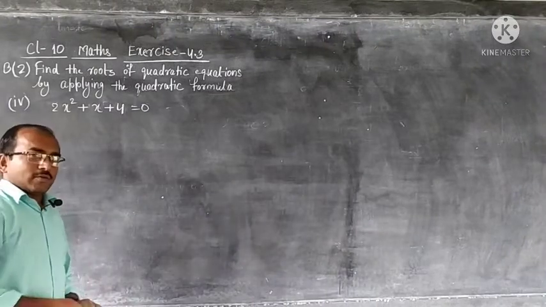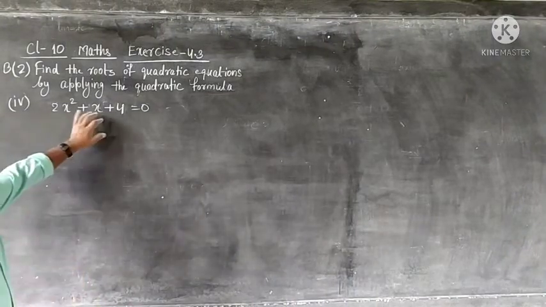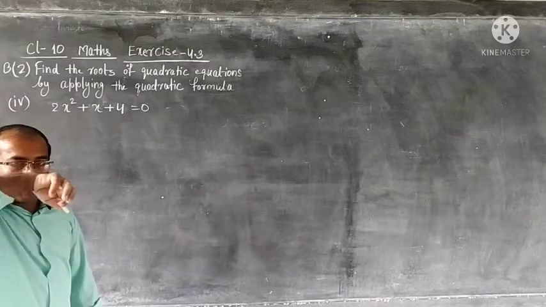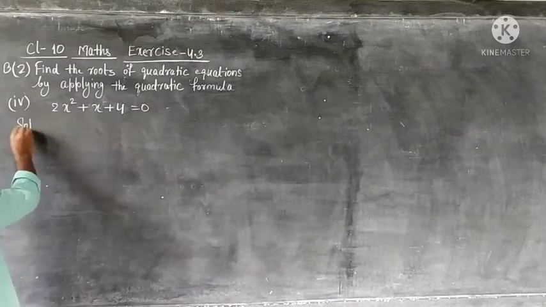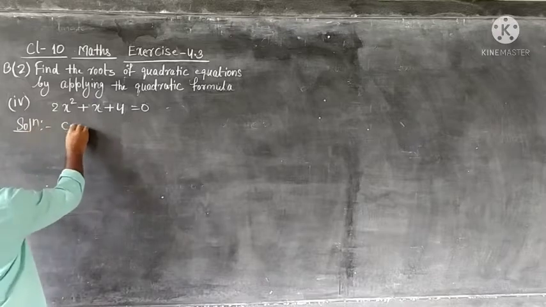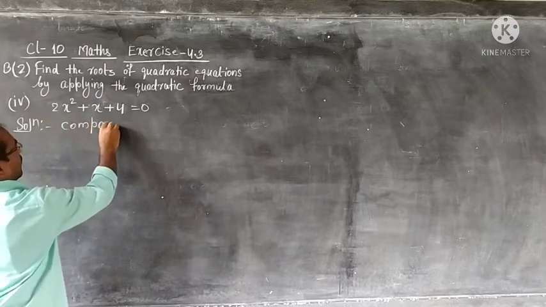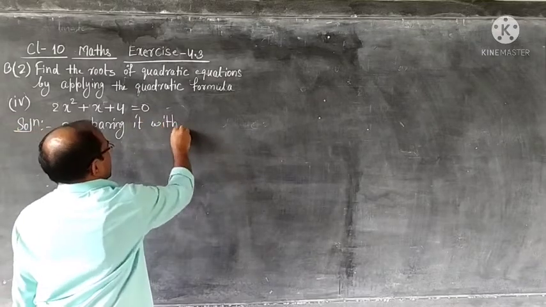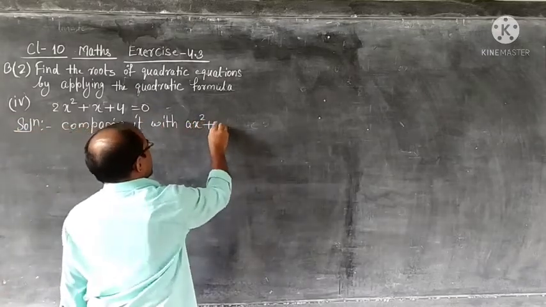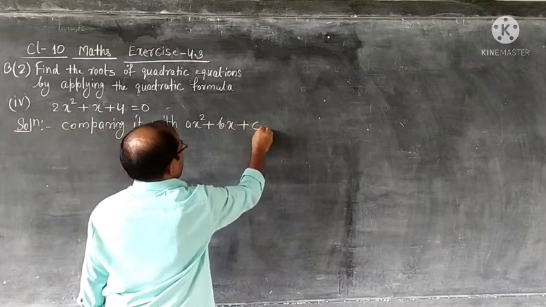So, question number 4 is here 2x square plus x plus 4 equal to 0. Let us see, comparing the quadratic equation with the form ax square plus bx plus c equal to 0, what we get here?